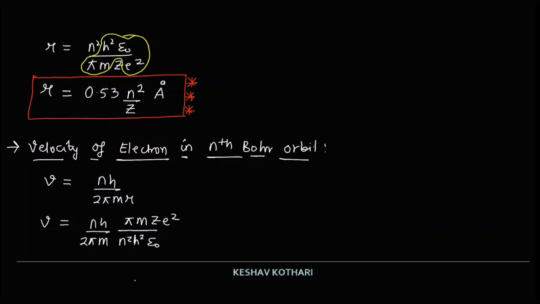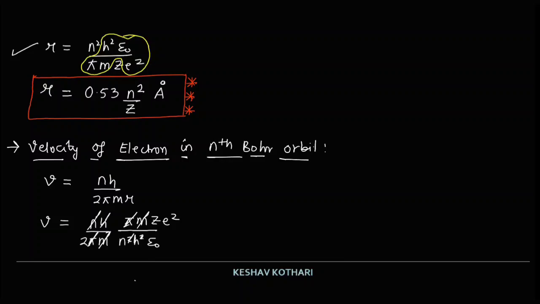We have put the value of r from this particular expression, and over here nh will be cancelled, pi m will be cancelled, and the expression is left in terms of ze square upon 2 nh square epsilon naught.